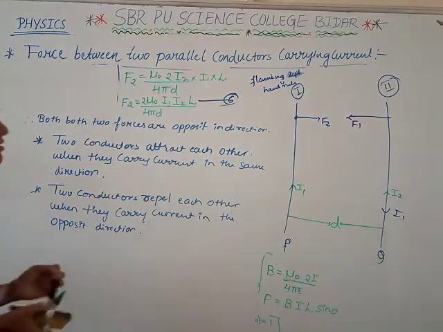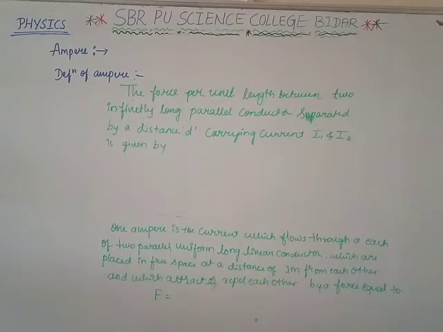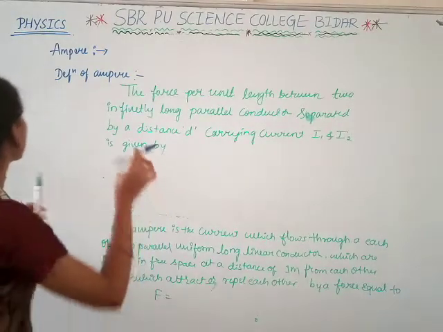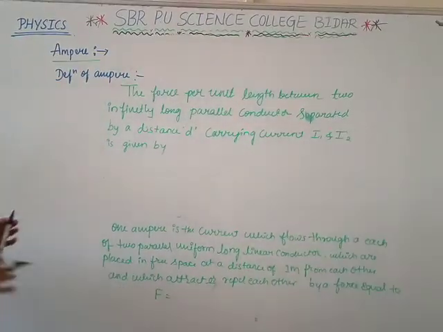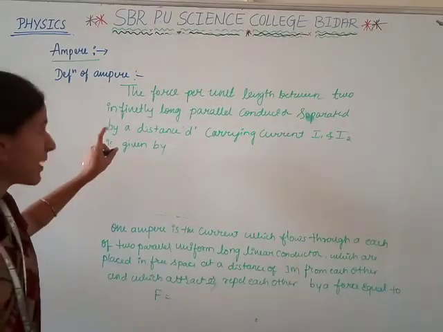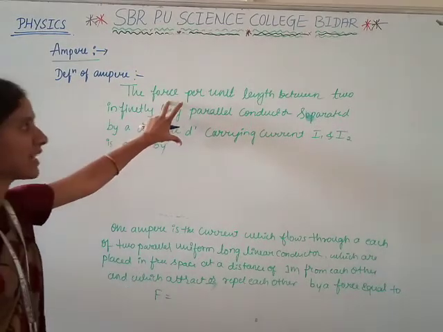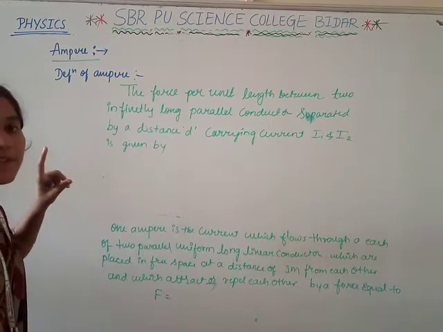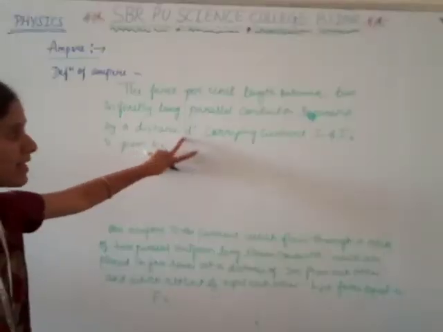Next we have the topic of the ampere. What is the definition of the ampere? The definition of the ampere is the force per unit length between two infinitely long parallel conductors separated by a distance d.